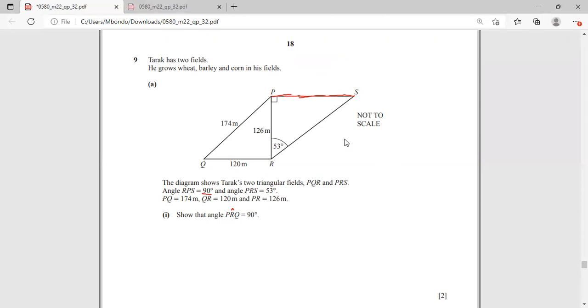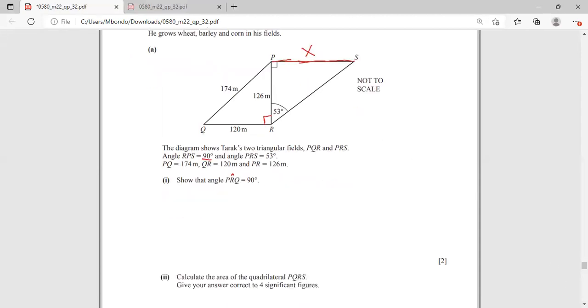The area of this triangle, for instance, if it's this one and it's given as, then we also need to find the length of this side, which is PS there. Okay. So I'm thinking, since now we know that this is a right angled triangle, for this one, we can say it's 1/2BH.